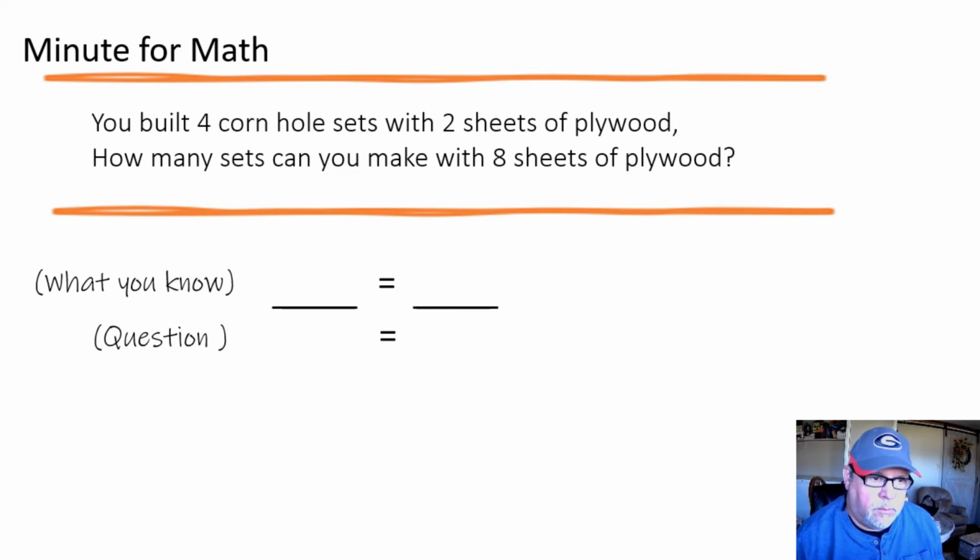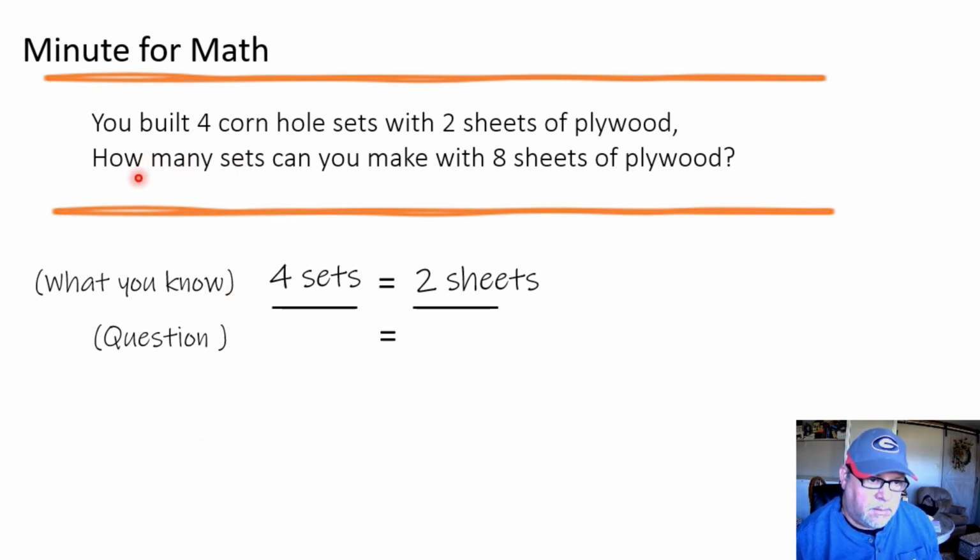Alright, what do you know? What'd you put? 4 sets with 2 sheets of plywood. That's what we know. Alright, what was the question? How many sets with 8 sheets? How many sets? 8 sheets.